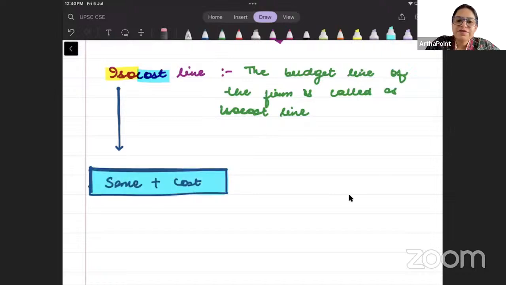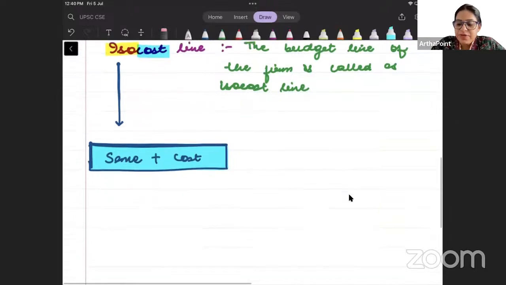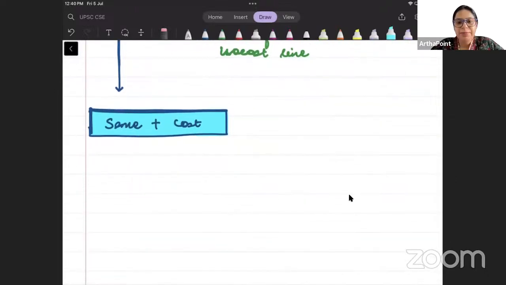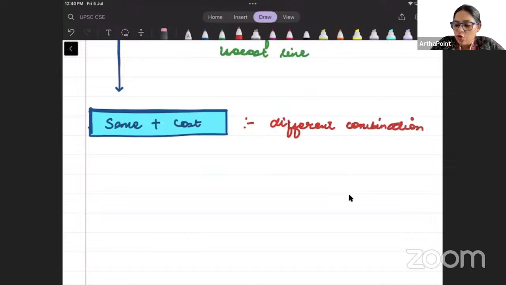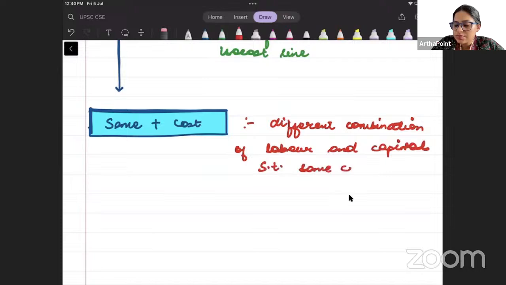When we plot the line that represents the same cost, we can say these are different combinations of labor and capital such that the same cost is incurred.